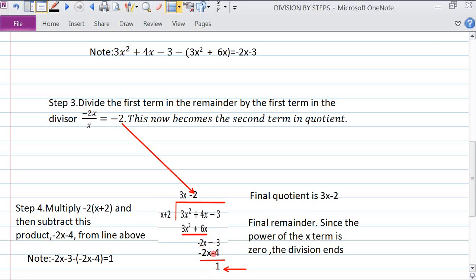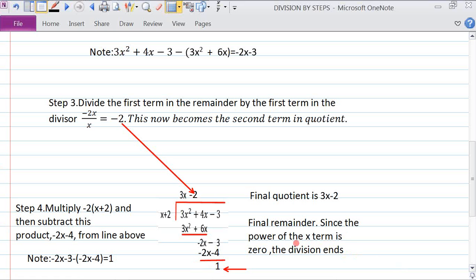Minus 3 minus minus 4 gives us 1. Because what we're doing is taking minus 2x minus 3 and subtracting the line below it. So that's what we're doing, and that's why we get the 1 here.